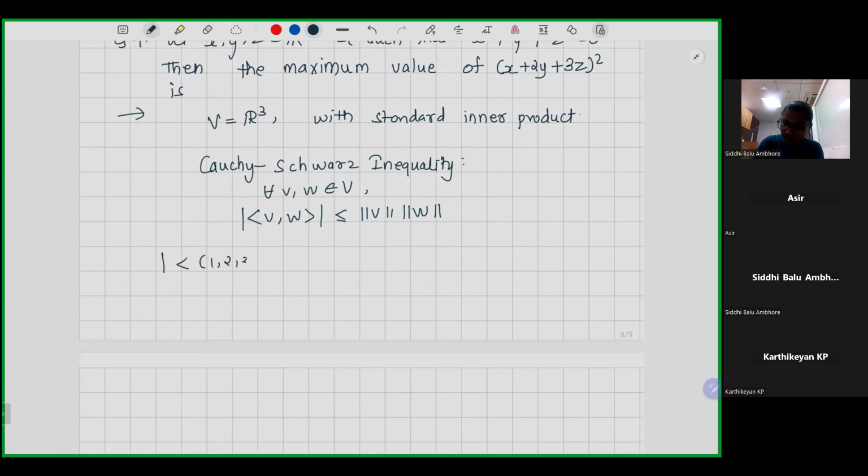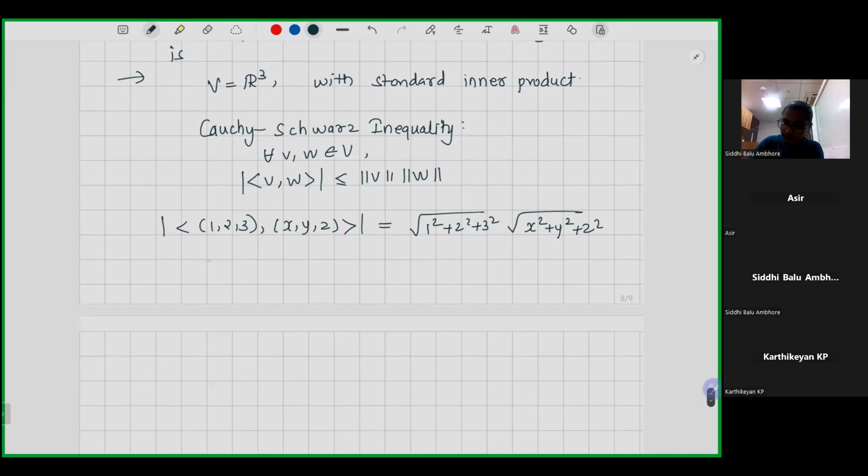If we take (1, 2, 3) and (x, y, z), then the norm of the first is 1 square plus 2 square plus 3 square. The norm of this one is x square plus y square plus z square. And this is the modulus of x plus 2y plus 3z. And this is the square root of 1 plus 4 plus 9.